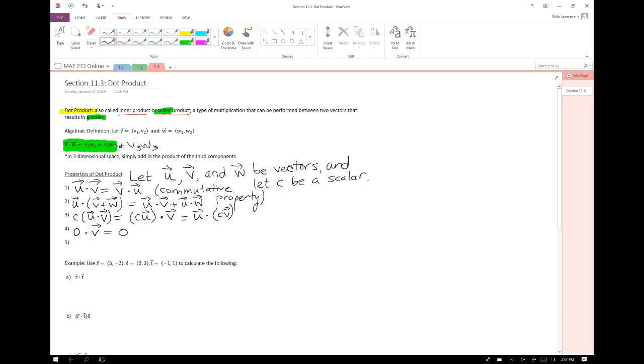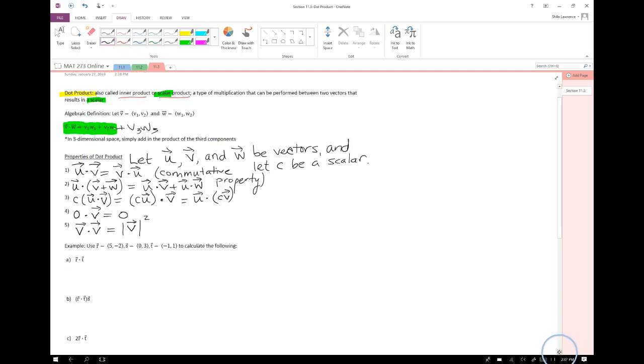So dotting any vector with 0 will result in 0. And then also, if you dot a vector with itself, you will see that the result comes out to be exactly the same as the magnitude of that vector squared. And I've got an example for us to do so we can take a look at that.